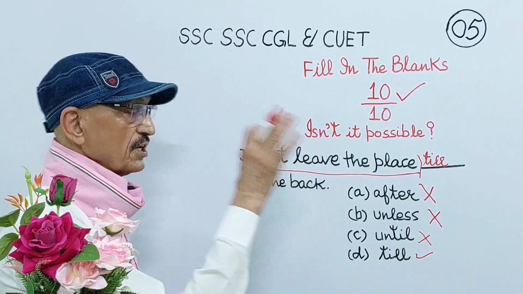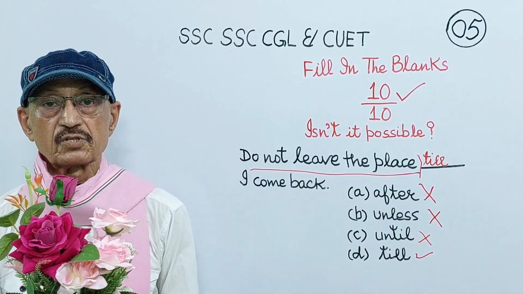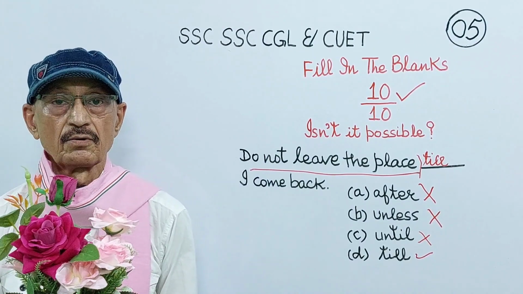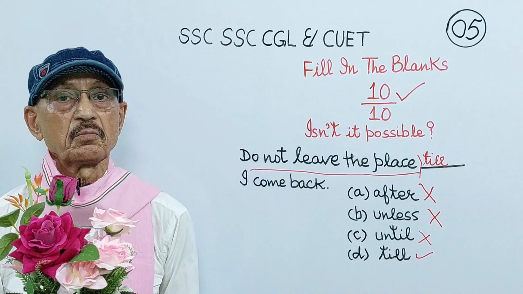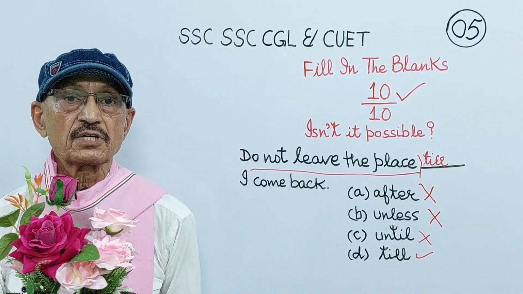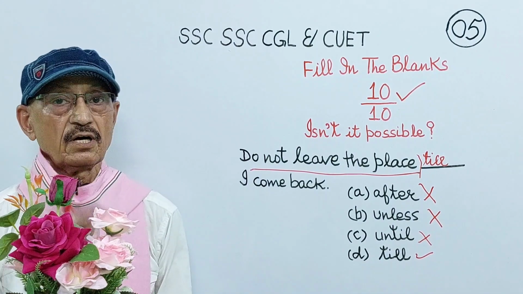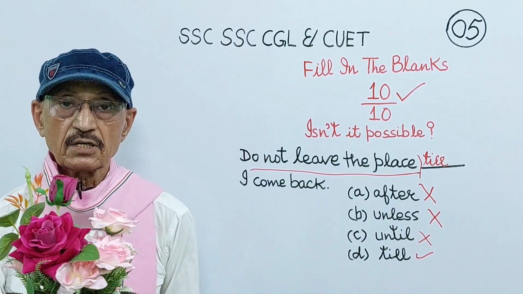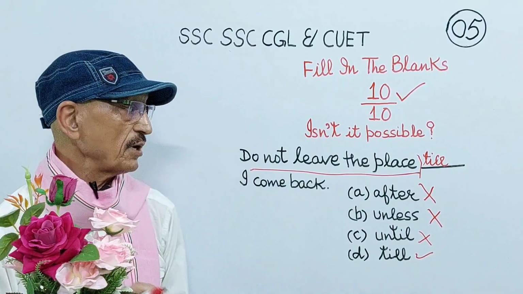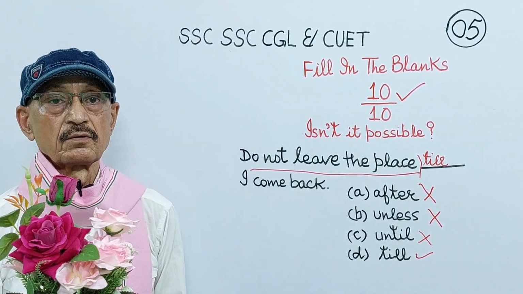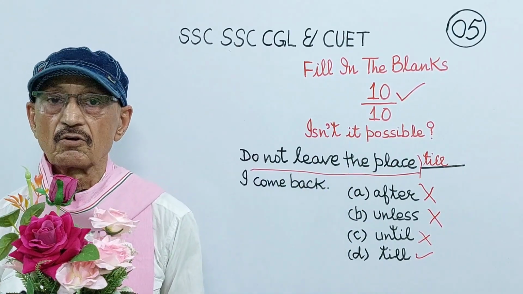Do not leave the place till I come back. Suppose I say, wait here until I come back. Wait here, imperative sentence, positive sense. Then you will take until. Wait here until I come back. But in this case, do not leave the place till I come back. This is negative, so you will take till. You cannot take until.